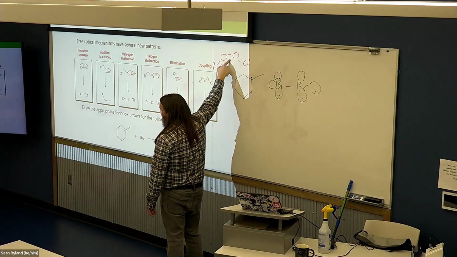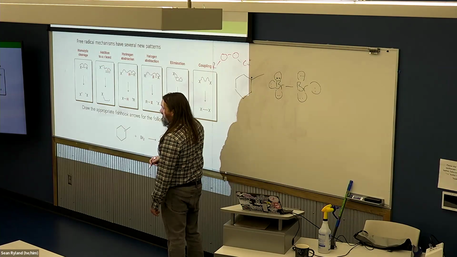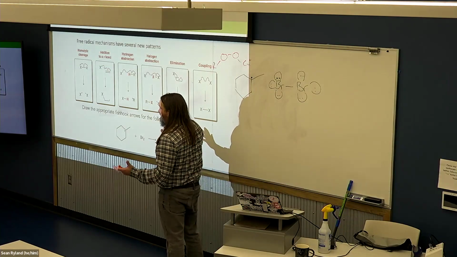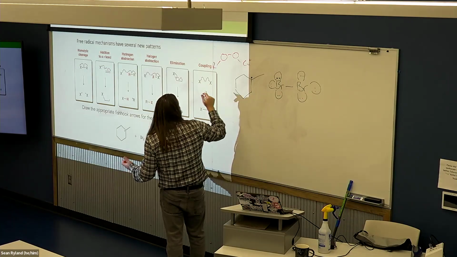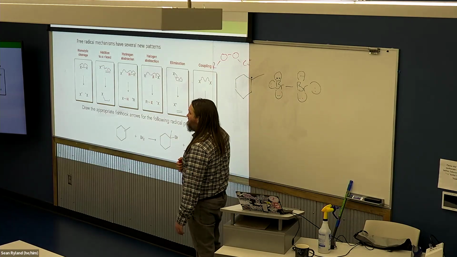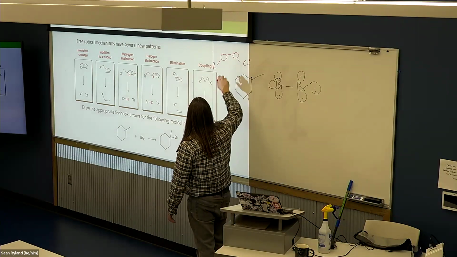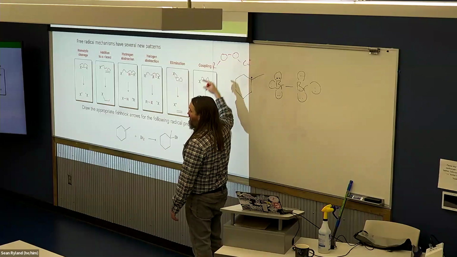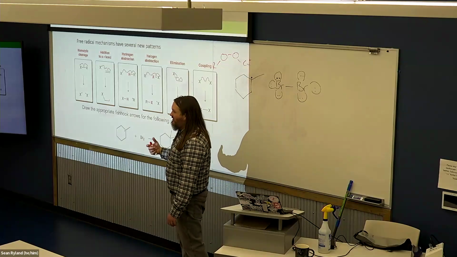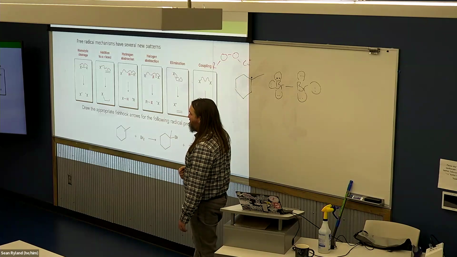But you get a peroxide bond in the middle of the process. Sometimes this peroxide bond will break free and just start floating around in your cells. Well, if that happens, peroxides generate free radicals if you just expose them to heat or light. So basically, when you make these peroxides as part of the normal electron transport chain, you're also generating small amounts of free radicals floating around in your blood.